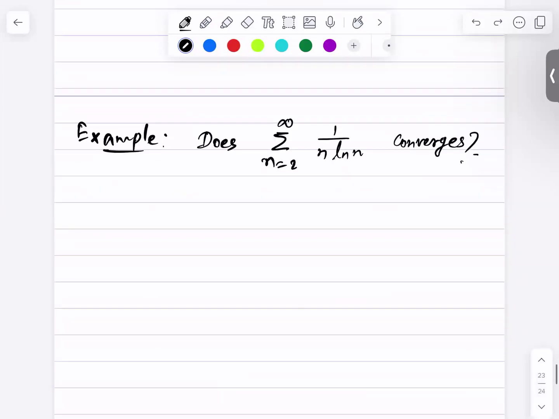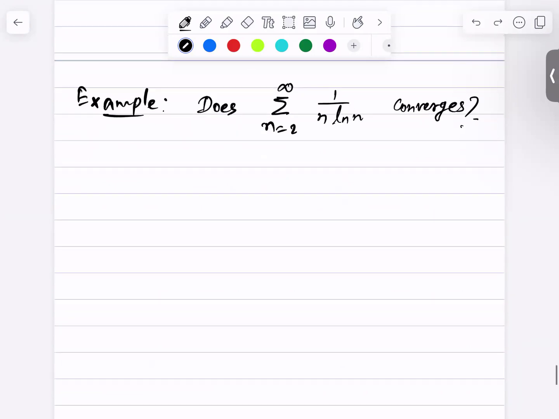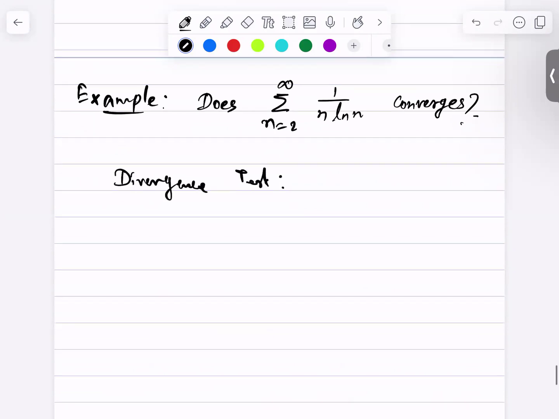Now, one example is the summation from n equals 2 to infinity of 1 over n ln n. So first, always you have to check the divergence test. So 1 over n ln n, the sequence goes to 0, right?